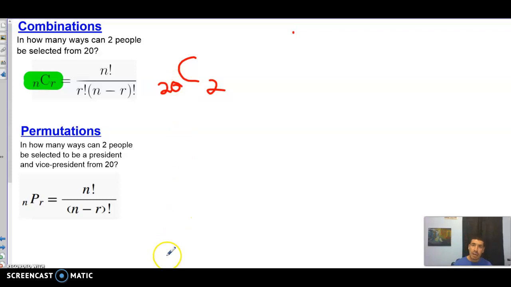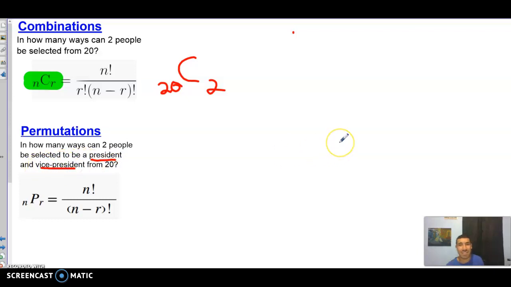Now let's go to the bottom so you can see the difference. Permutation. In how many ways can 2 people be selected to be a president and a vice president from 20? See the big difference? In the other one, they wanted you to take 2 out of 20. It didn't matter the order. This one, the order does matter. Why does it matter? Because as you can see, one of them will be president. The other one will be vice president.